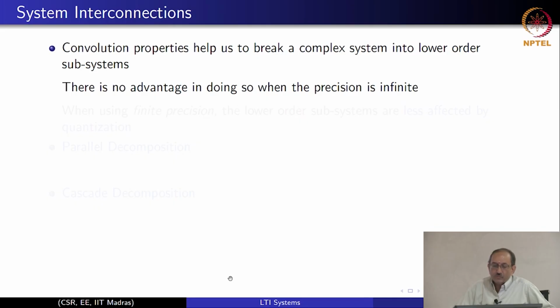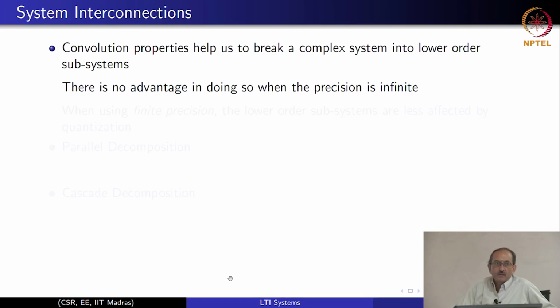There is no advantage of doing this when the precision is infinite, but in all practical cases the precision is finite. Whenever you are going to implement a system, you will be requiring say multiplier elements, and those multiplier elements cannot be of infinite precision. In discrete time systems, these multiplier coefficients will have a finite number of bits. When you have a finite number of bits, you are introducing quantization error.